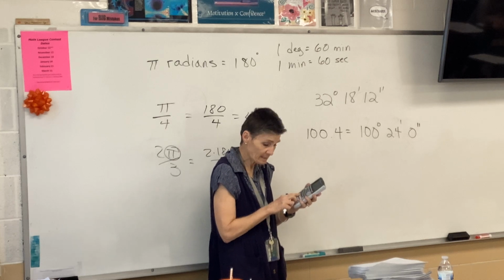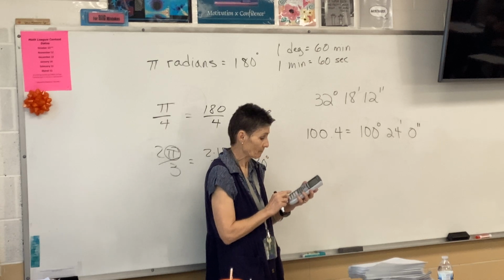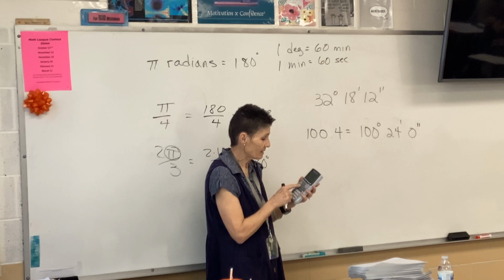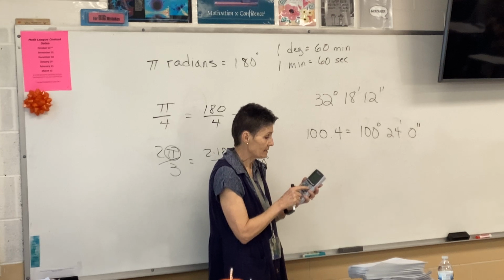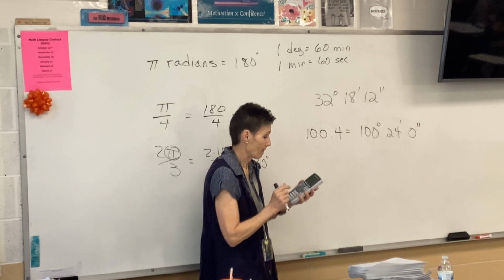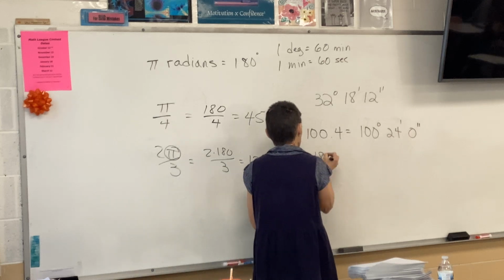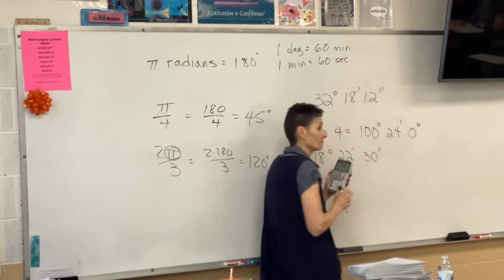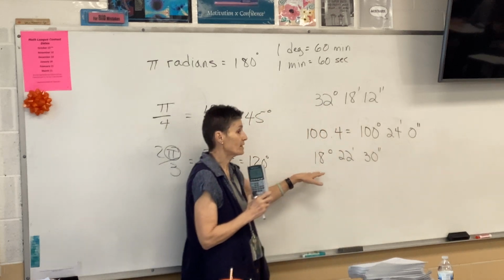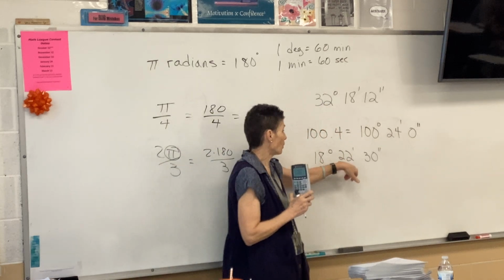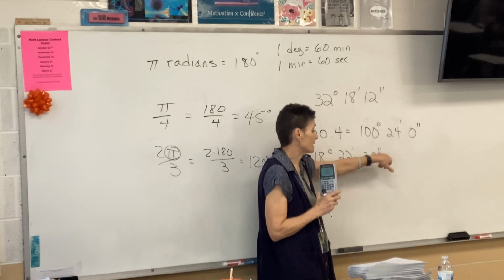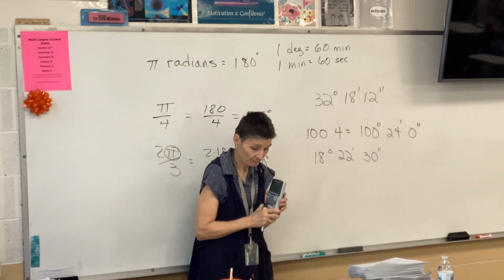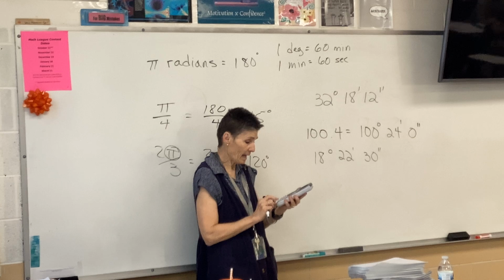All right, let's do the next one. 18.375. Second angle, DMS. Did you get 18, 22, 30? That's the way you write your answer: 18 degrees, 22 minutes, 30 seconds. Now you do the last one.